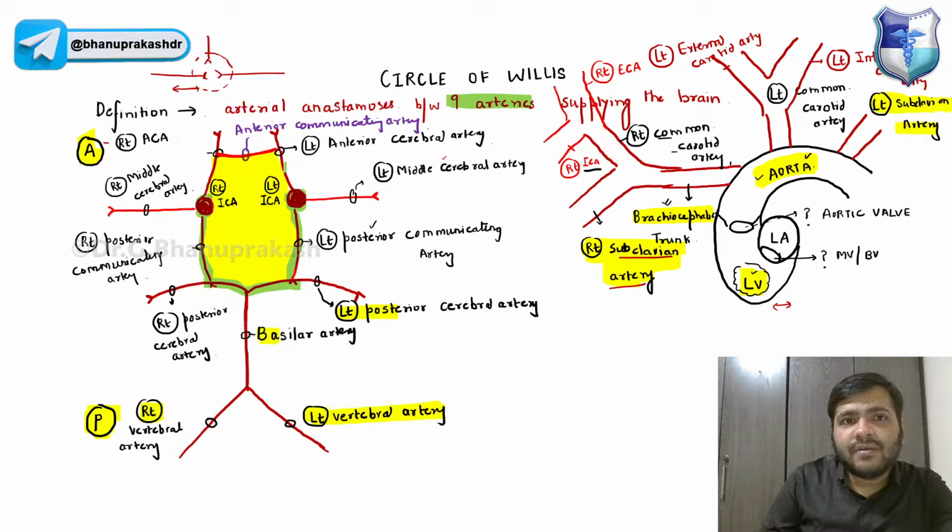We have the left and the right anterior cerebral arteries, 8, and 1 in the middle, that is the anterior communicating artery.